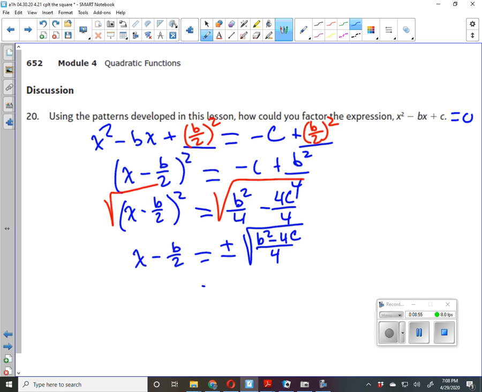And that would actually simplify into plus or minus the square root of b squared minus 4c all over 2.